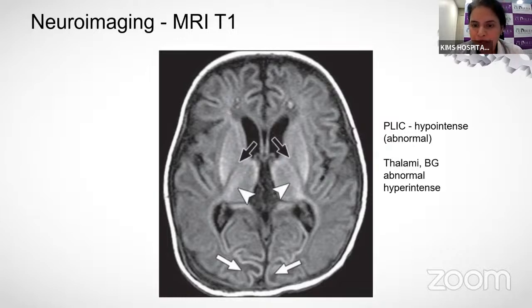So neuroimaging with MRI was done in this newborn. The best time for performing the MRI in a newborn with HIE-related seizures may be around day 5 to day 10, which is the time at which we get the maximum sensitivity as well as maximum specificity of magnetic resonance imaging in HIE.